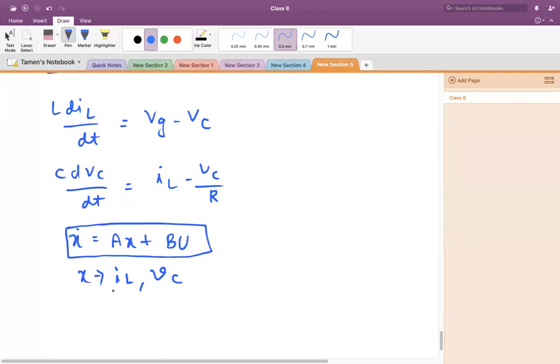What is x dot? X dot will be, IL means dIL by dt. Just try to understand. Is it clear? So x dot I'll write as IL dot and Vc dot.